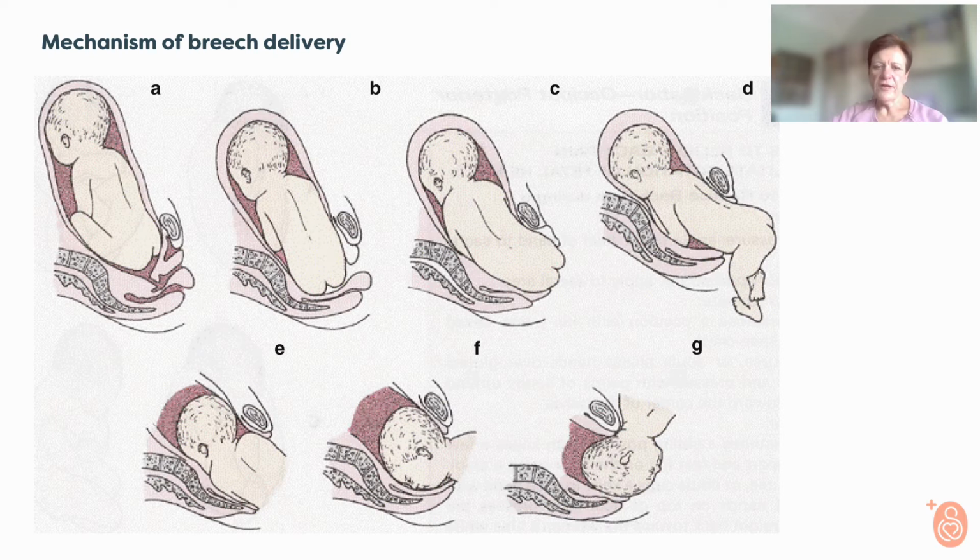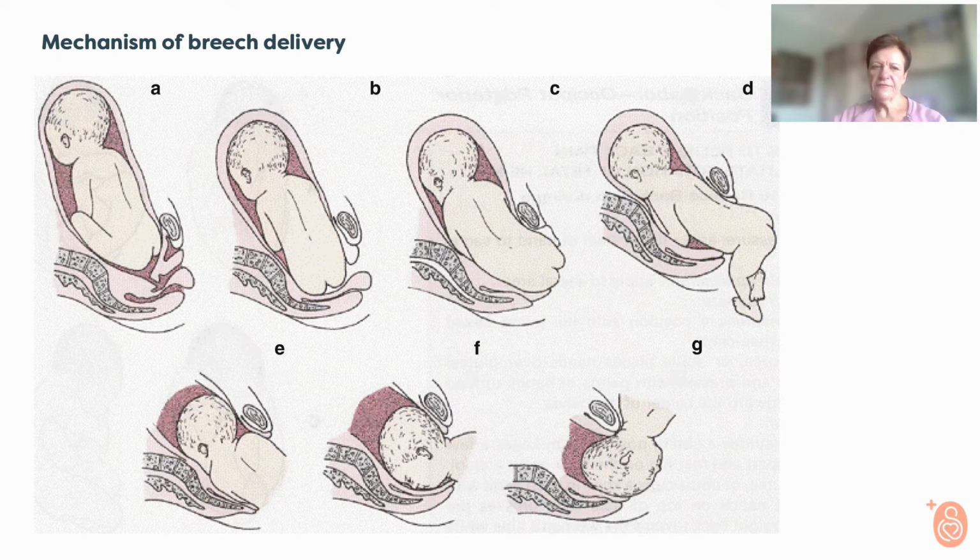Now, when you've done your midwifery training, I think you have done lots, hopefully, about mechanisms of labor. The mechanism of labor describes how the baby moves through the pelvis during the second stage of labor.